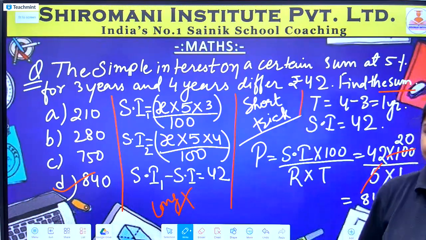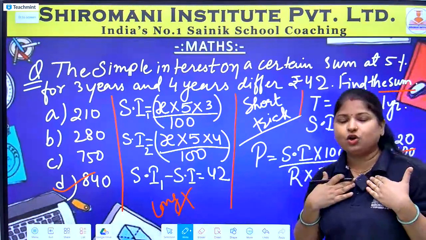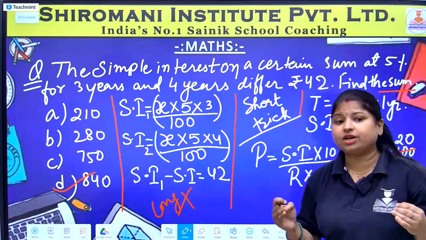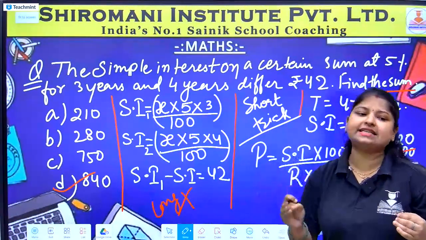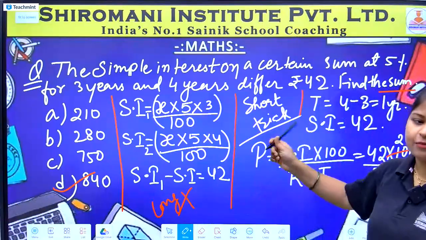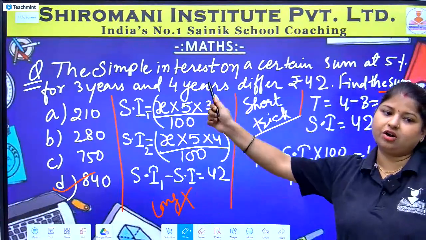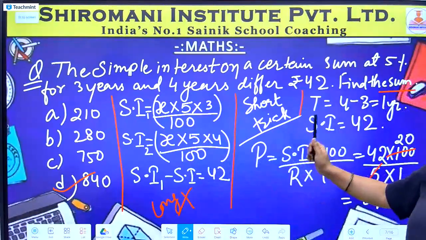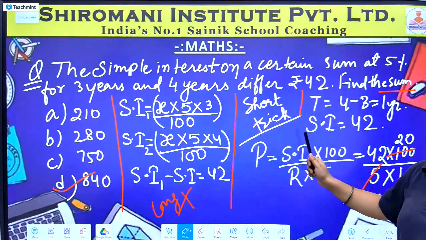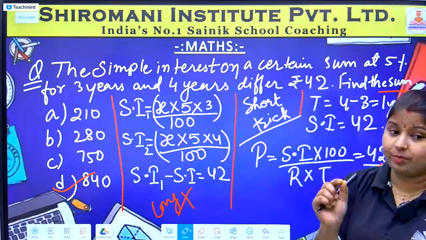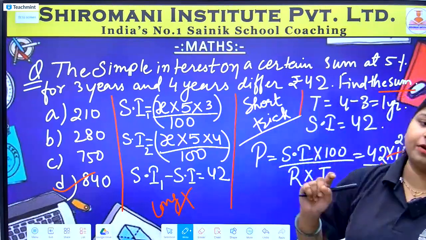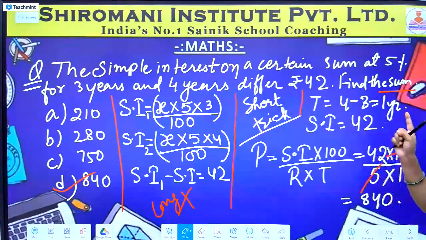Answer part. Okay. So because we know that each year simple interest is same. So I'm going to do with the short trick, not with the long way. Okay. So short trick tells me that simple interest will be 42 rupees for 1 year, because 4 year minus 3 year is 1 year.